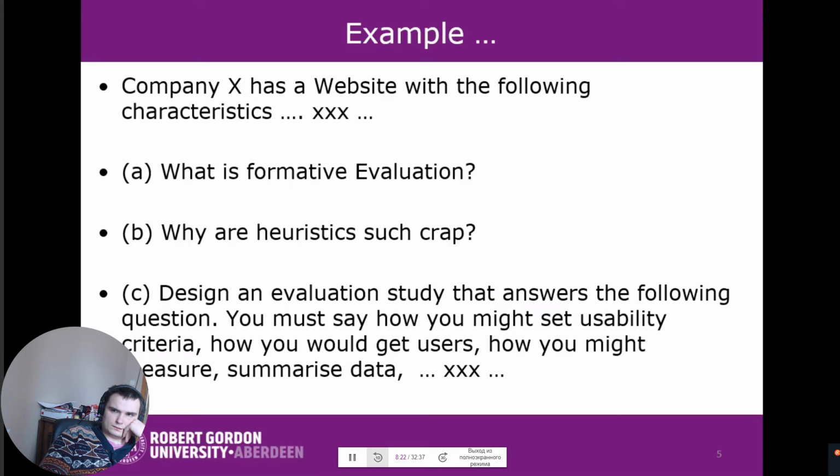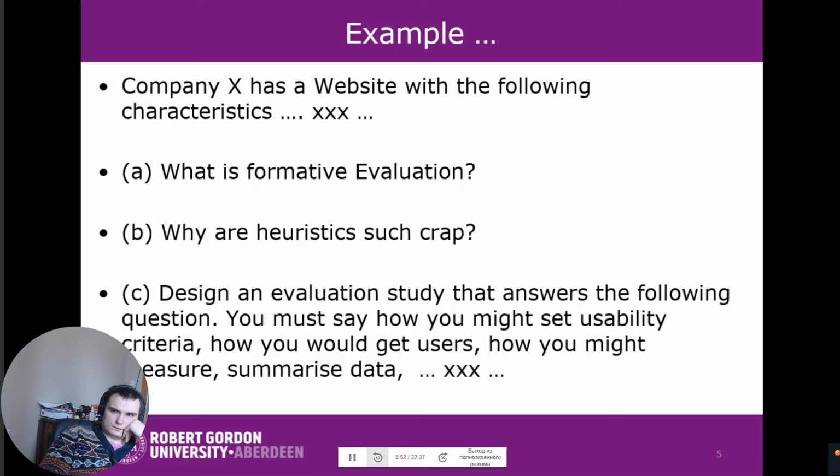Then come the 2 bookworks. What is formative evaluation? Okay? So that's easy enough to define. A set of methods used during the design process to guide the design, and so on, e.g. cognitive walkthrough, expert evaluation, etc. That will give you 5 marks.